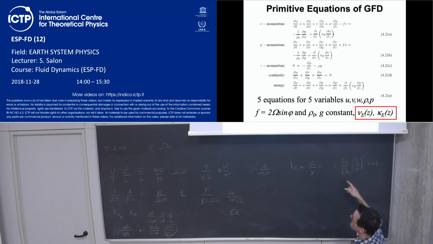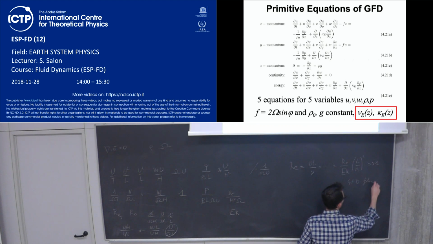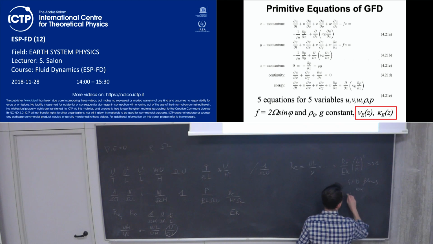Since these two terms can be mostly of the same order, we can consider this as a sort of number which does not affect too much this term here, and so we can say that the Reynolds number in GFD, for our hypothesis, is much larger than 1. That's why we say that GFD flows are turbulent.